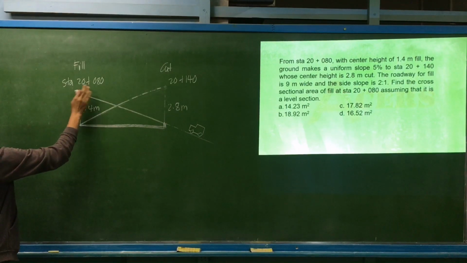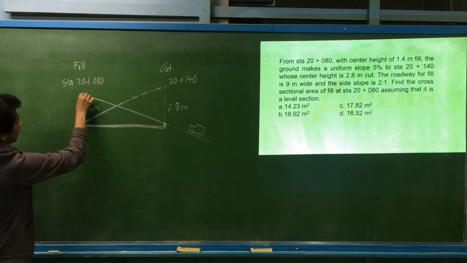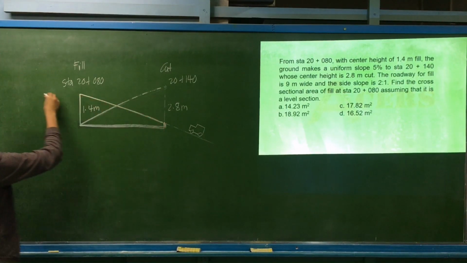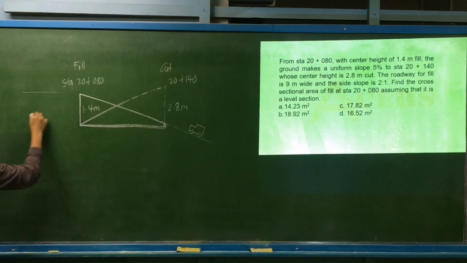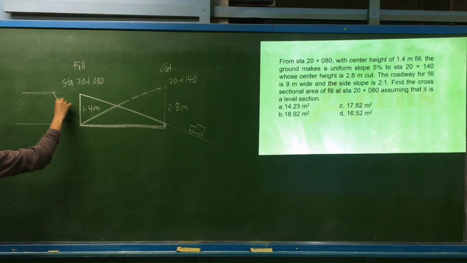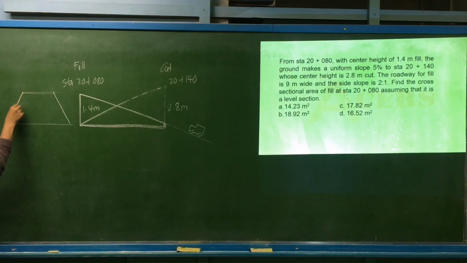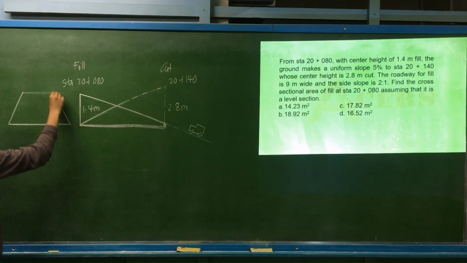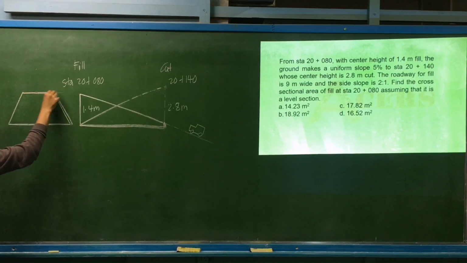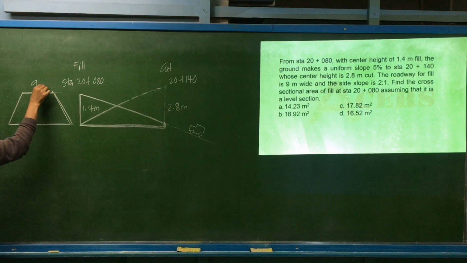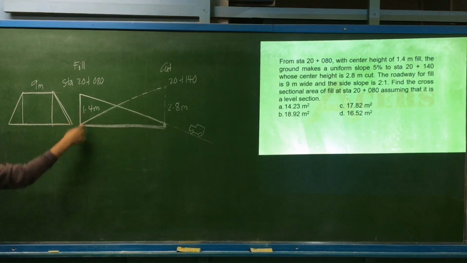So ano ba yung appearance ng fill? Ano ba yung appearance ng cross-section ng fill, para lang siyang inverted na trapezoid. Okay, so ganito yung appearance ng fill natin. So this is 9 meters wide, tapos 1.4 meters high.